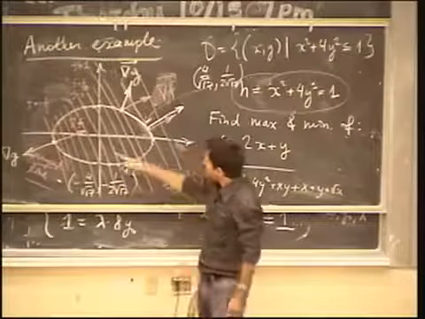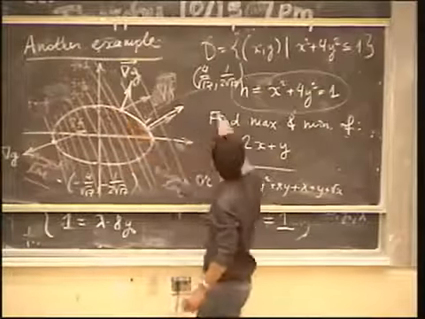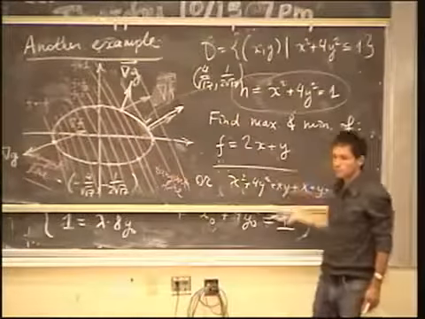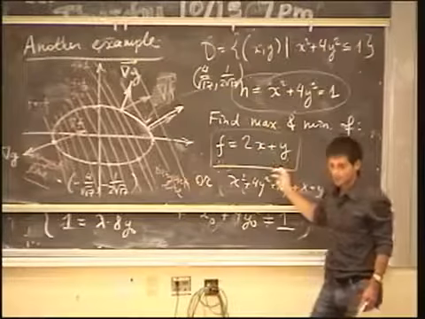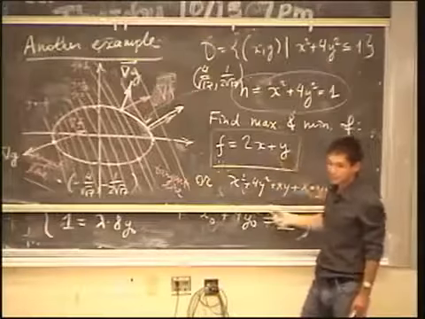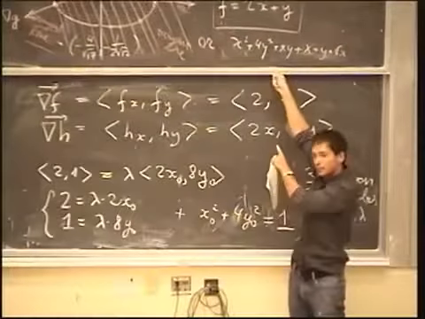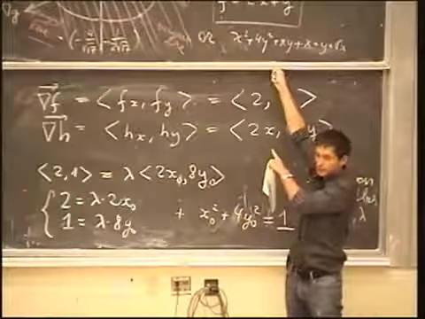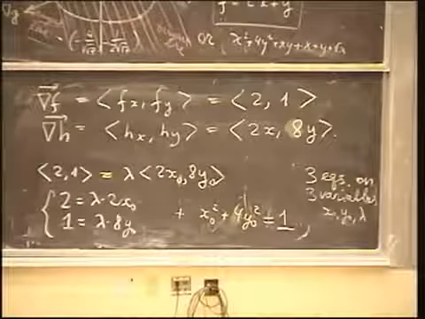So the red lines are the level curves of the function f, which is 2x plus y. So we could look at the equation f equals 2x plus y in 3D. That would be z equals 2x plus y. Because this function is linear, the graph of this function would be a plane, and that plane can be very easily illustrated here.